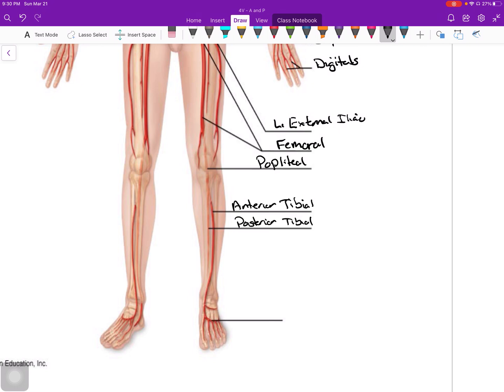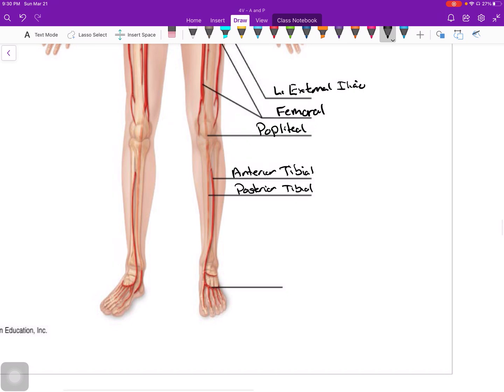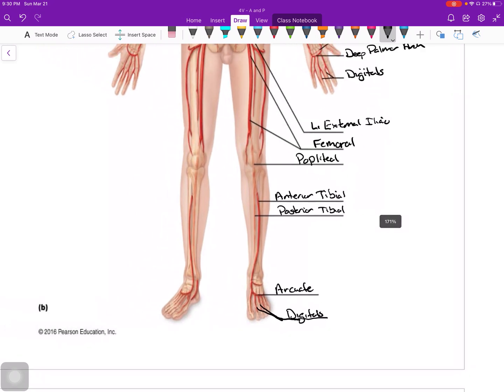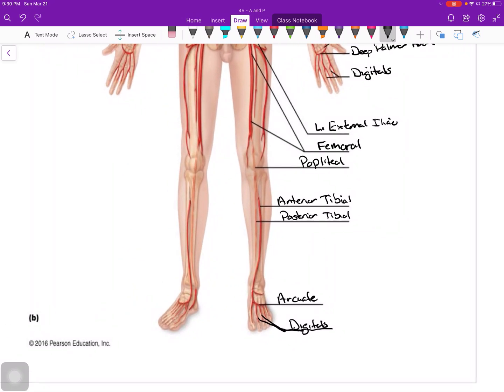And then this loop down here in the pedal region is known as the arcuate. And just like I had above, also in my foot, I have digitals as well. All right, so those are all of my arteries.